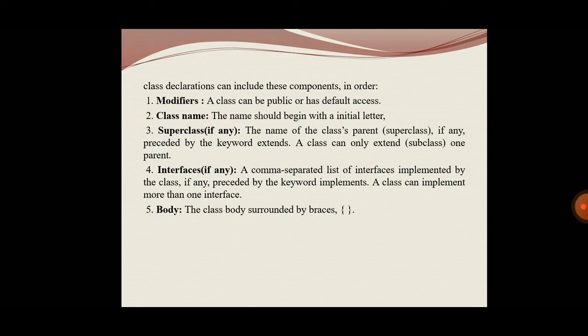Then interface: using the keyword implements we can implement the methods of an interface, and the body is surrounded by braces. So these are the class declaration components: modifier, superclass, interface as well as body of the class.